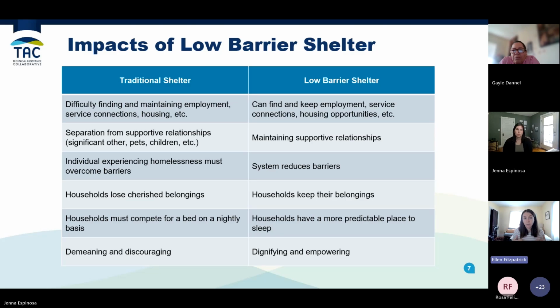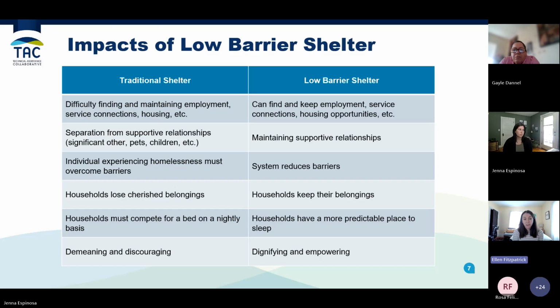Versus in a low barrier shelter model, we might do some of that barrier reducing for folks, like having specific beds that are available for people who are not able to maintain sobriety, or beds that people can come into if they're not sober in that particular moment, right? So we're not asking the person to overcome the hurdle of getting clean in order to have a safe place to sleep. We are reducing that barrier for them and creating this space.